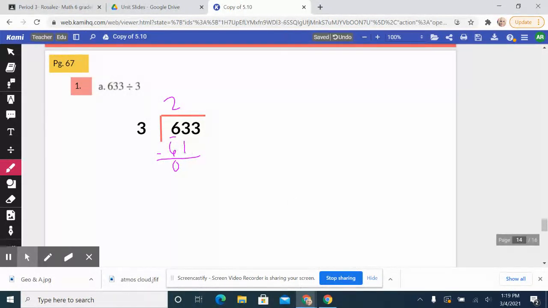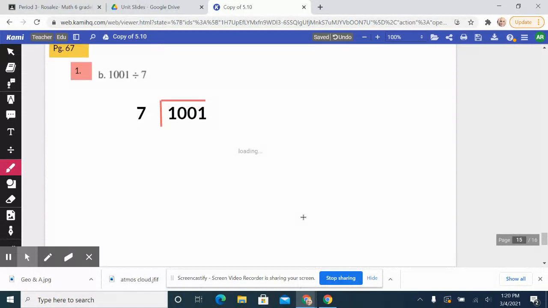You're going to bring down your 3. Well, 3 goes into 3 once. 1 times 3 is 3. And when you subtract, you get 0 again. Well, now you need to bring down your 3 again because 3 doesn't go into 0, but it goes into 3 one time. And when you get 3, you end up with 0. So your answer for that one is 211.